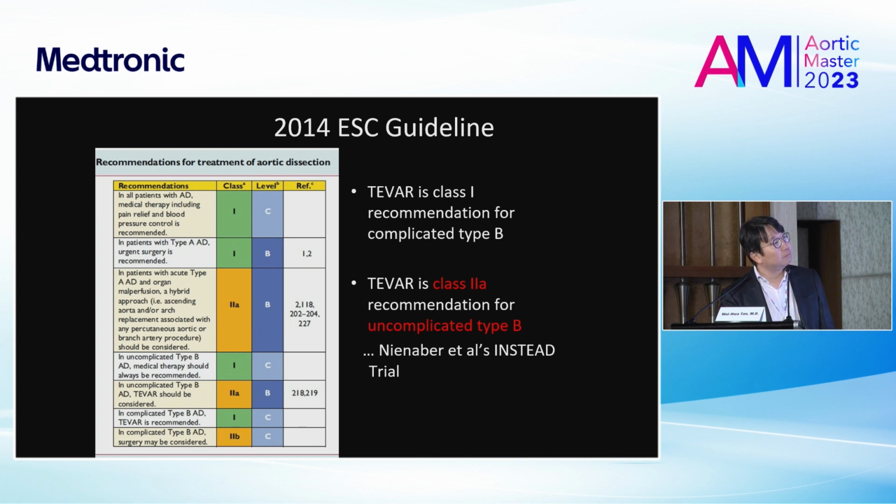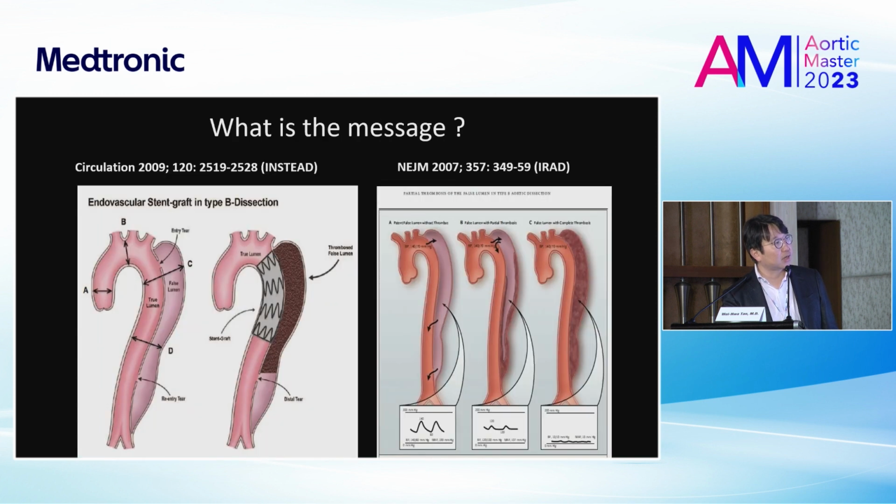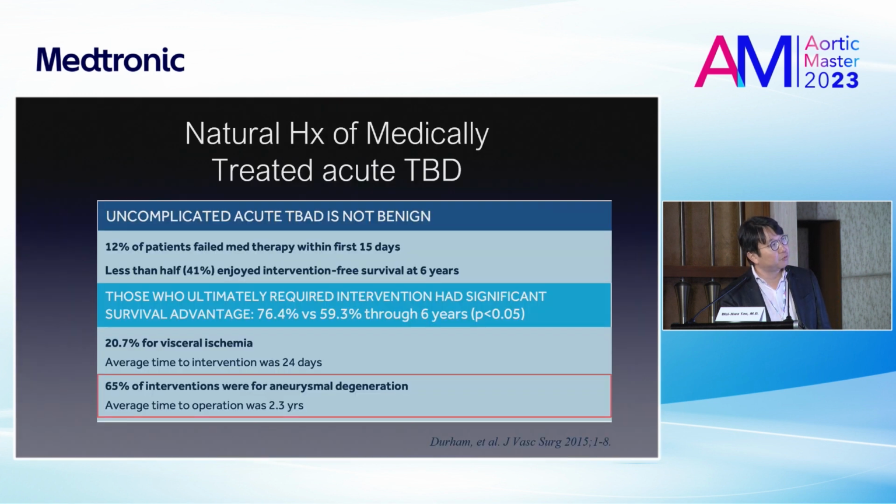I think TEVAR is the class 1 recommendation for complicated type B, and also class 2A for uncomplicated type B. So we are becoming more aggressive in treating this kind of disease. The primary goal of using TEVAR is to close the primary tear, as you heard from all the speakers previously. And also we want to achieve total thrombosis of the false lumen, because partial thrombosis could cause a lot of problems in the future.